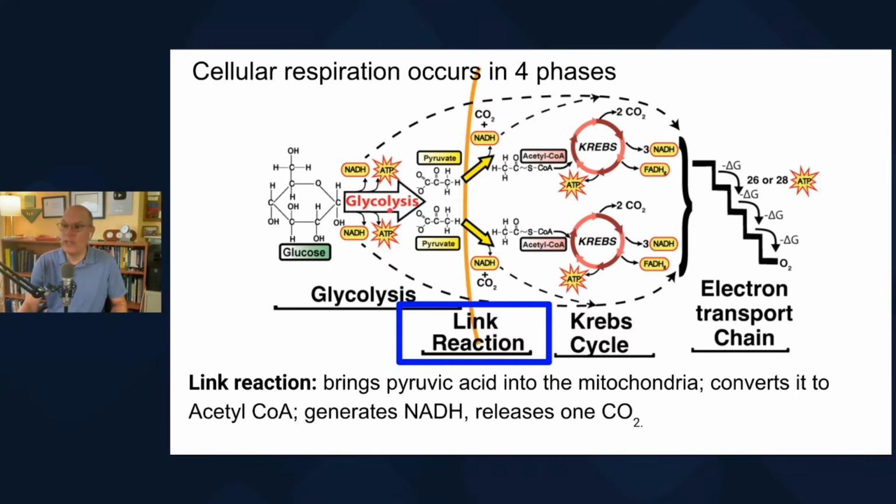And the link reaction links glycolysis with the Krebs cycle. What happens during the link reaction is that pyruvic acid or pyruvate is brought into the mitochondria. This orange line over here represents the mitochondrial membrane, and it converts pyruvate into acetyl-CoA. That generates some NADH over here, and it releases 1 CO2. That's 1/3 of the CO2 that we exhale.